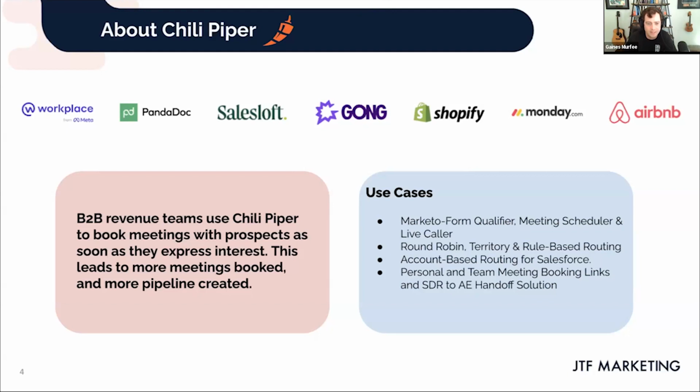And a big piece of that is team scheduling, but also integrating with things like your Marketo forms on your website, being able to allow someone to schedule a meeting or start a live call, doing account-based routing to route to an account owner in Salesforce, all from your website with usually a snippet of JavaScript that you can place on your Marketo form or on your contact us page. But yeah, we're about 7 years old, 8 years old as a company, and do a lot of form integrations with customers. So I'm excited to talk some more about that today.